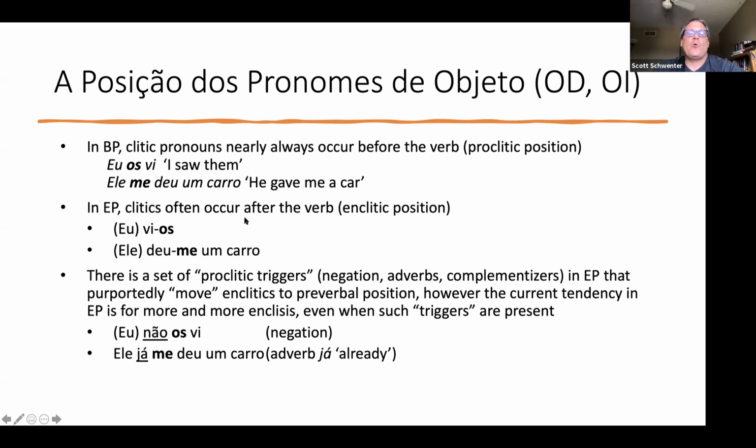In European Portuguese, the clitic pronouns, these same pronouns, occur after the verb. And you will see these also in written Brazilian Portuguese. So if you've studied any Old Spanish, you know that in Old Spanish, this was where the pronouns used to go as well. They used to go after the verb, and they don't anymore.